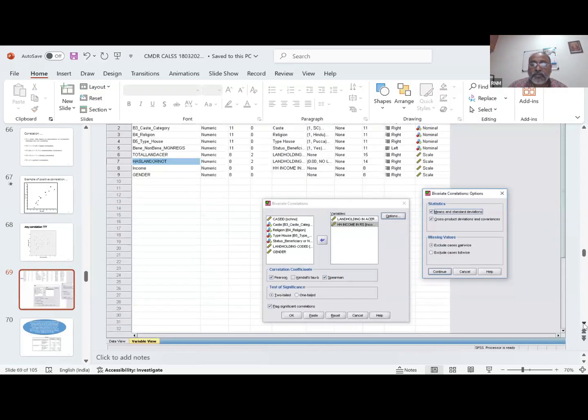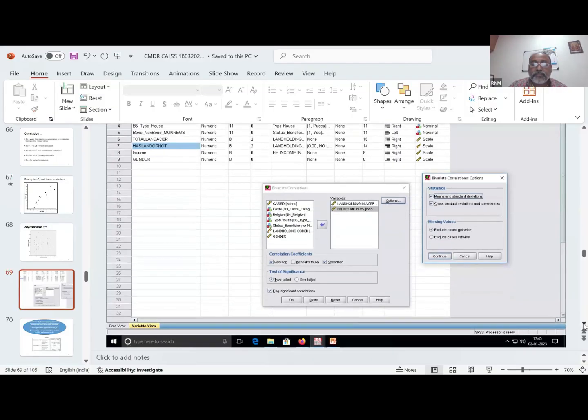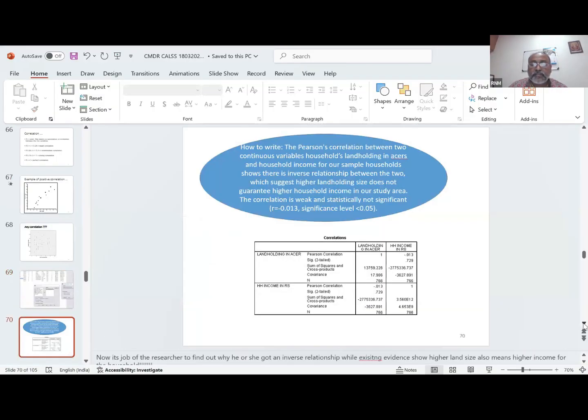Next, we'll go to how to present a Pearson correlation, which I have shown. Earlier I asked you to replicate the household holding in coded variables, whether you have land or no land, and the social groups.